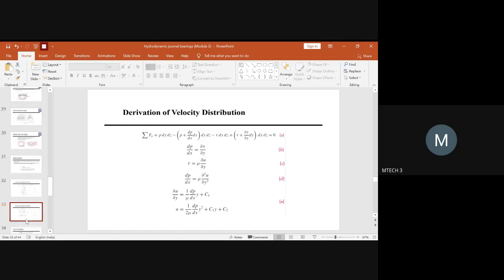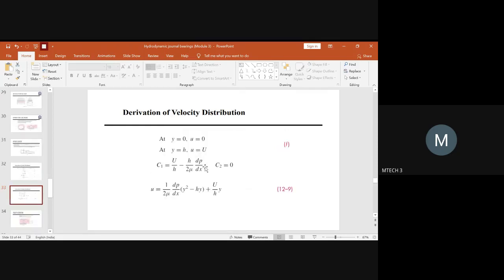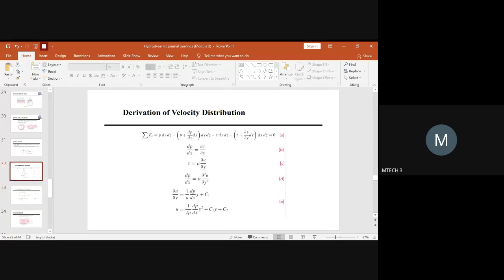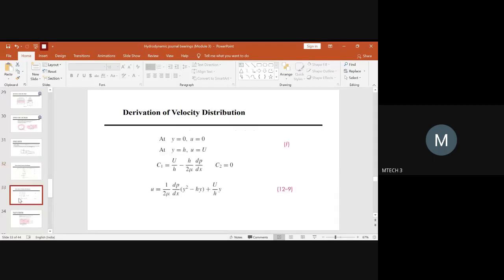Once this is done, now you have to put some assumptions. This is the equation from previously. Now you have to know the values of constants C1 and C2. So initially we put y equal to 0. If y is equal to 0, then u also will be equal to 0. This is the first condition, and then you will find the value of C1.